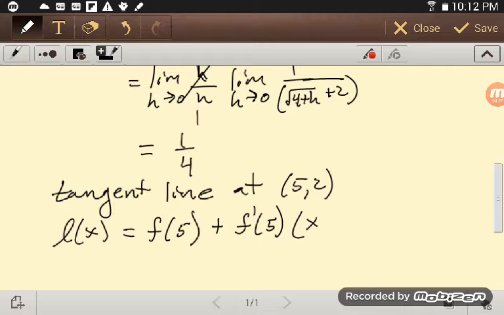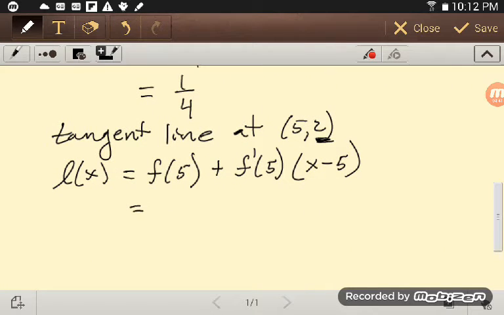I got mixed up for a second. Okay, so there we have it. Now, I actually know what f of 5 is without actually using it up there because, well, there's 2. All right, and so this is 2 plus, we found f prime of 5 is 1/4 times x minus 5.